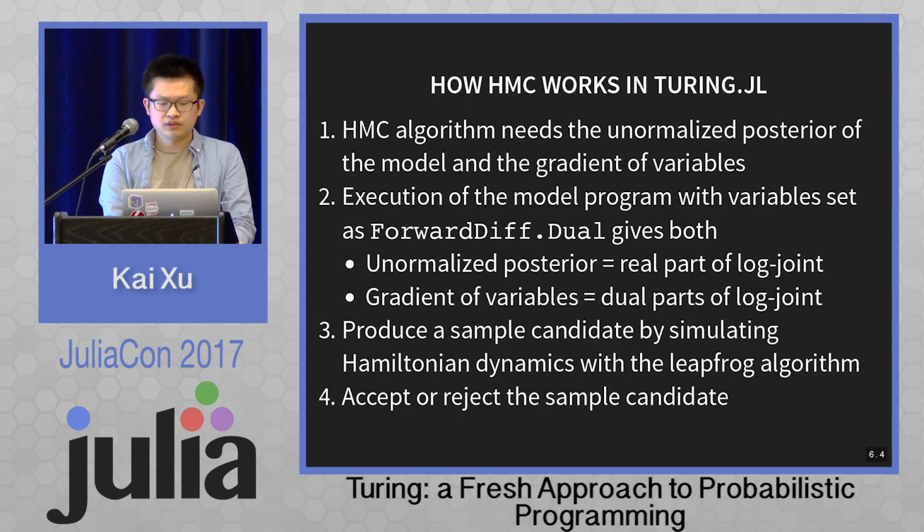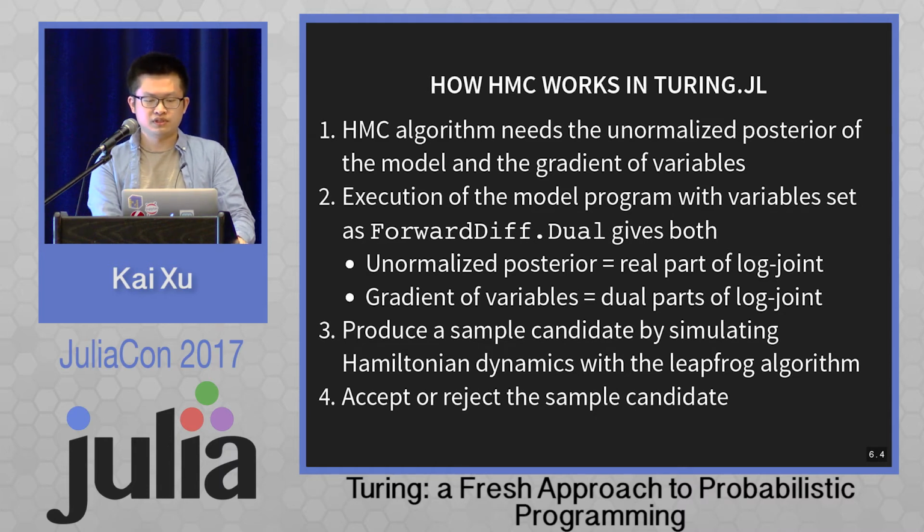Then the real part of the returned log joint will be the unnormalized posterior, and the dual parts of the returned log joint will be the gradient. So then we get the information we need for HMC, and we can generate candidate samples and reject or accept them.